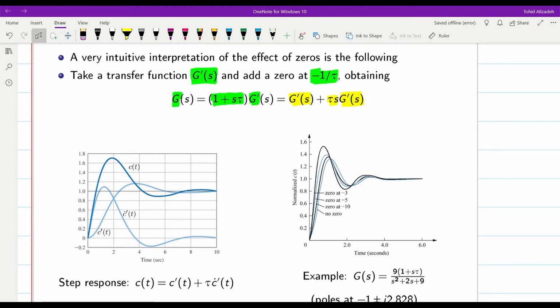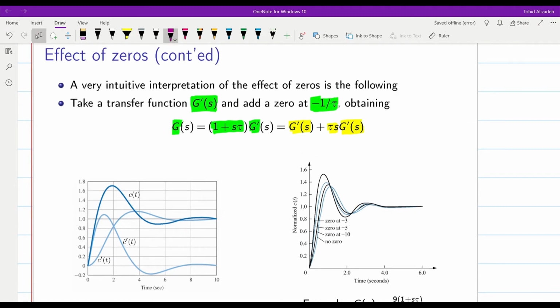And then if we look at the step response of the same system, in the time domain, we will get the step response of the new system equal to the step response of the original system plus tau times the step response of the system denoted as s times g prime.